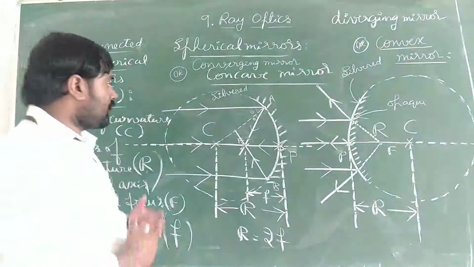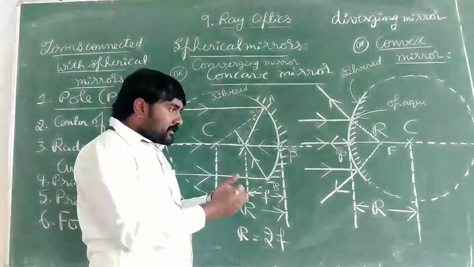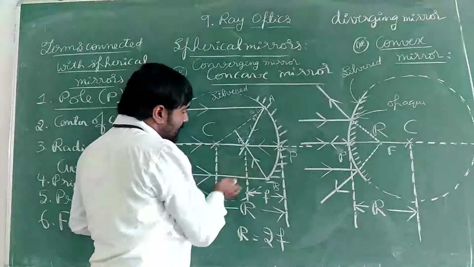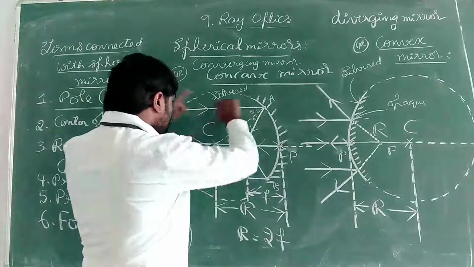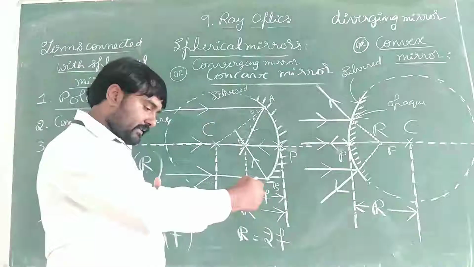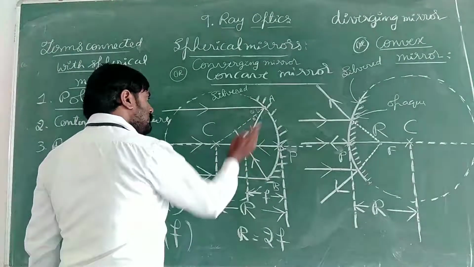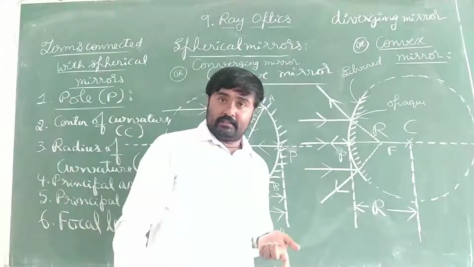So what is the meaning of concave mirror? In a concave mirror, light gets reflected from inside the surface of a part of a hollow sphere. Cave means inside.